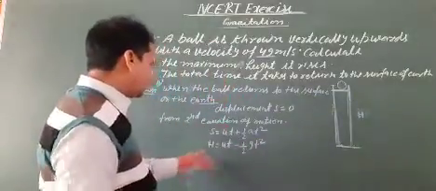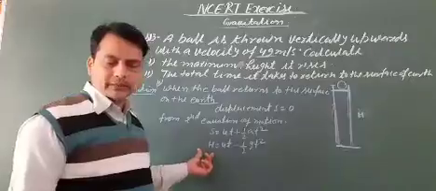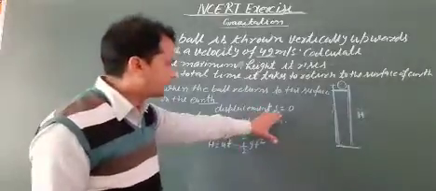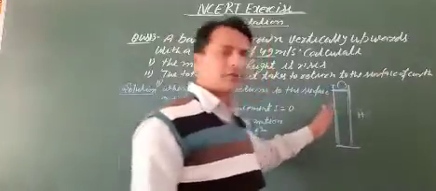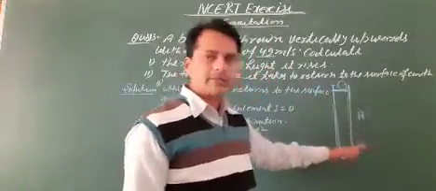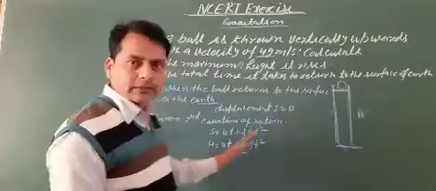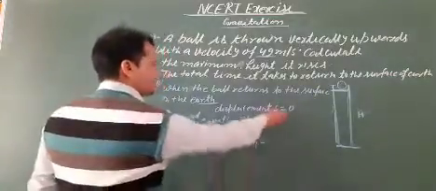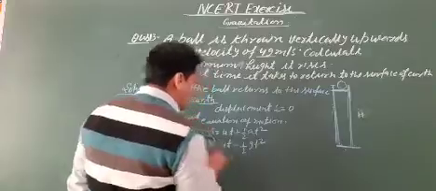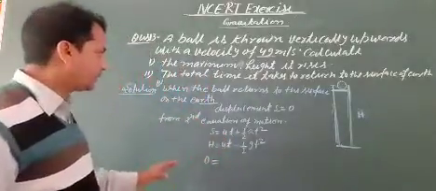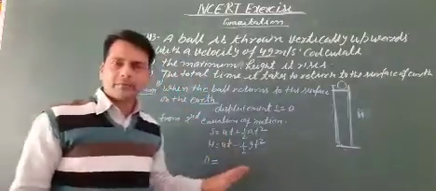So it is clear that the displacement here is 0, because the ball returns to the surface of the earth, so displacement will be 0. Then s equal to 0, and the initial velocity of the ball is given here as 49 meter per second.